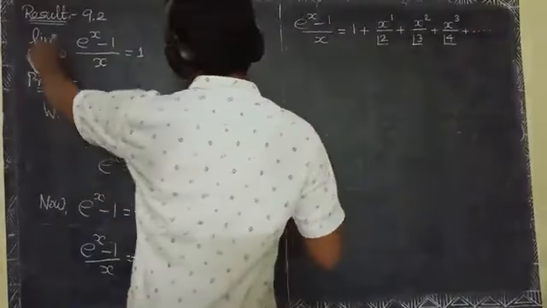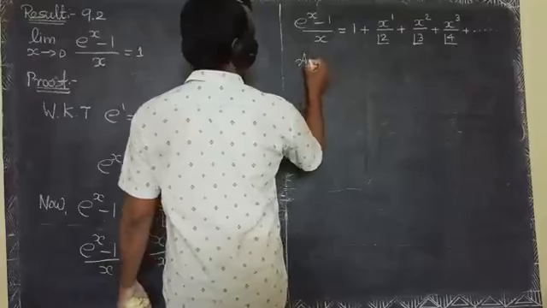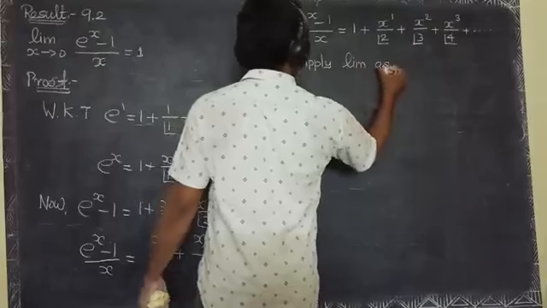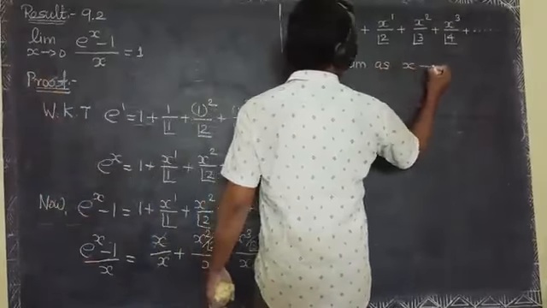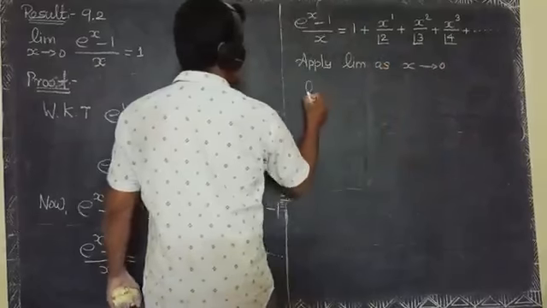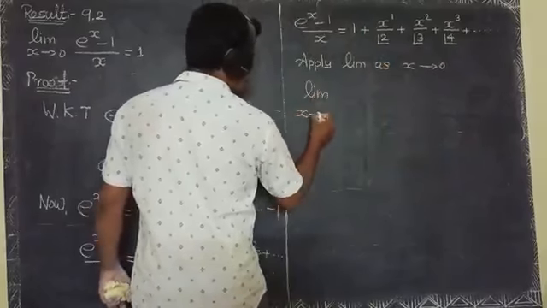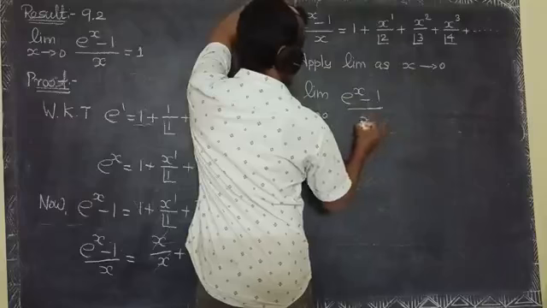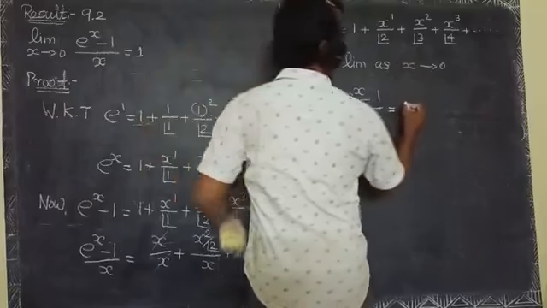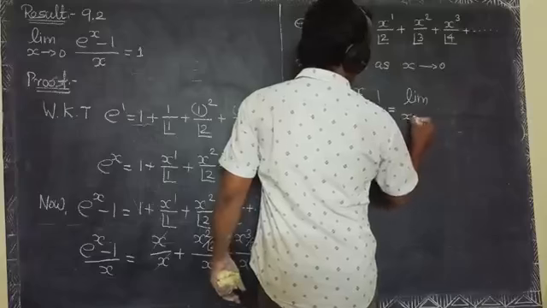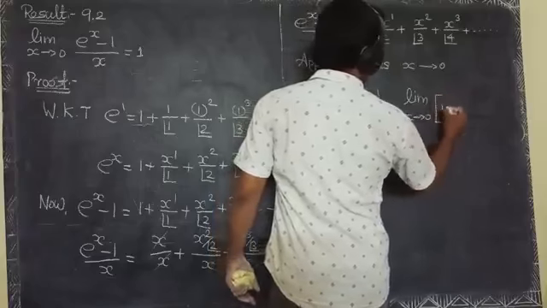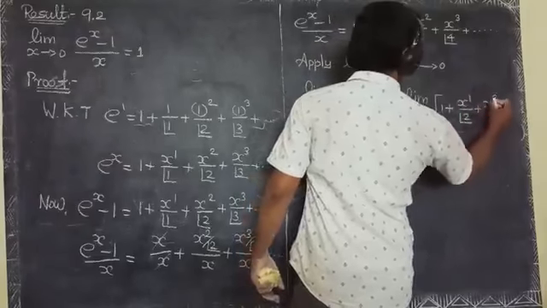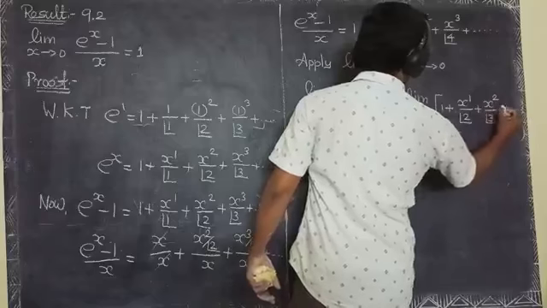Now apply the limit as x approaches 0. The limit as x approaches 0 of (e^x minus 1) divided by x is equal to the limit as x approaches 0 of 1 plus x^1 divided by 2 factorial plus x^2 divided by 3 factorial plus and so on.